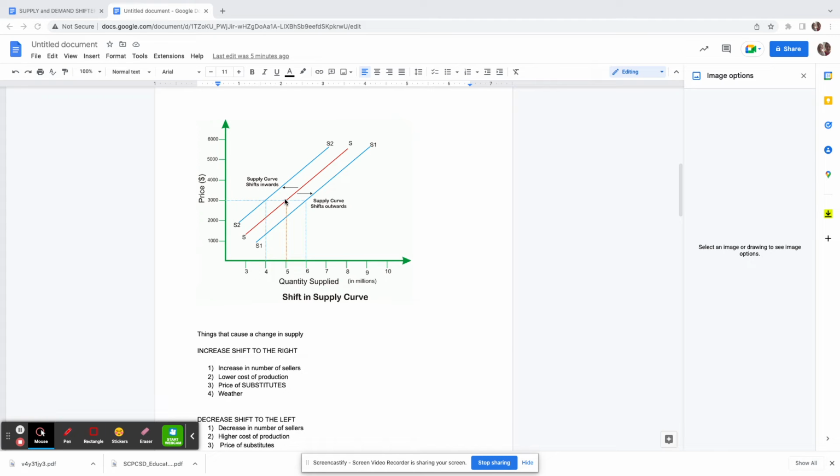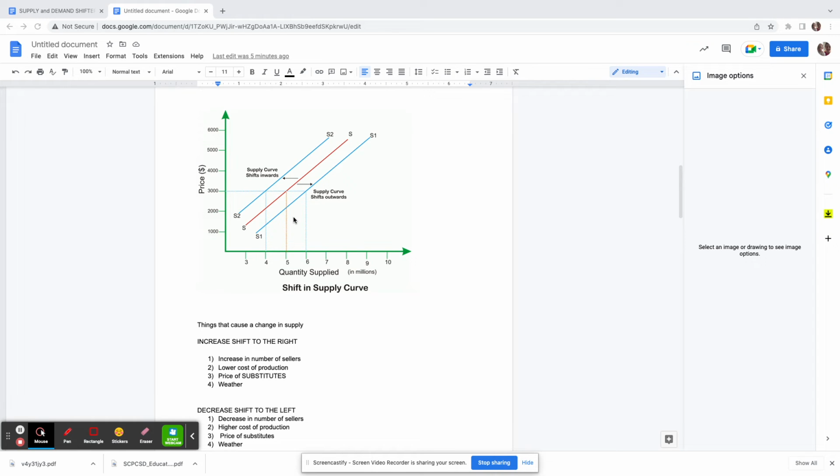You want to show, okay, here is your original price, and then something happened to cause that supply to move inward or outward. If you're reading a book, you read from left to right. So if you move from your original price out to the right, that is an increase in supply.